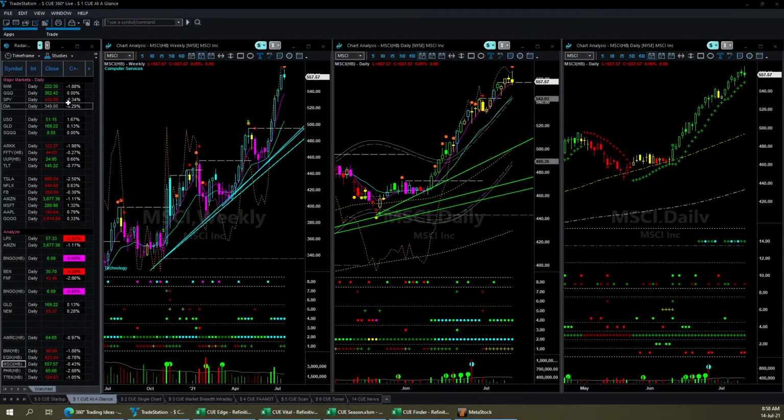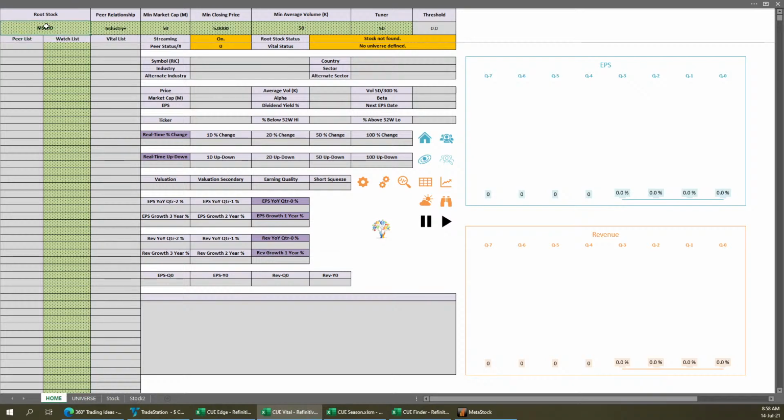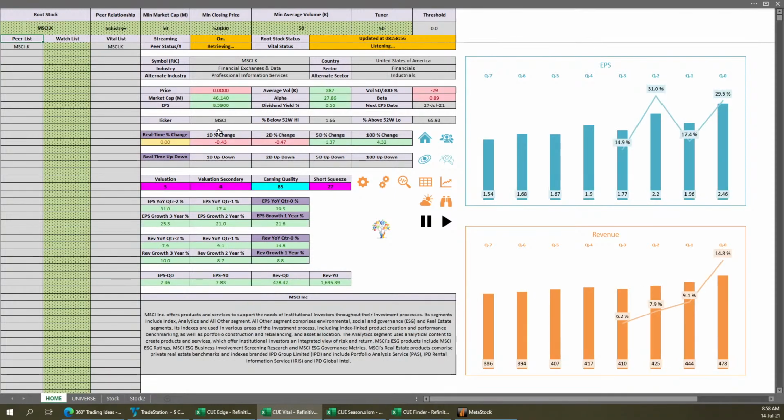Could it be? Let's check it out. Oh, give me 1 minute. I'm using the other monitor to check out the exact code. Yes, msci.k. Okay, let's try once more. Similar to the previous stock.